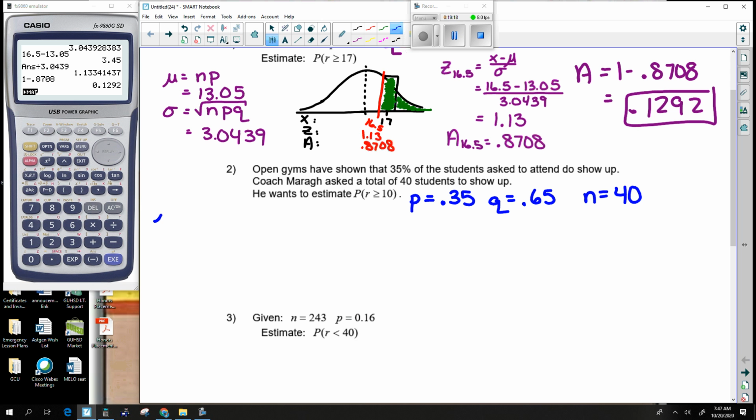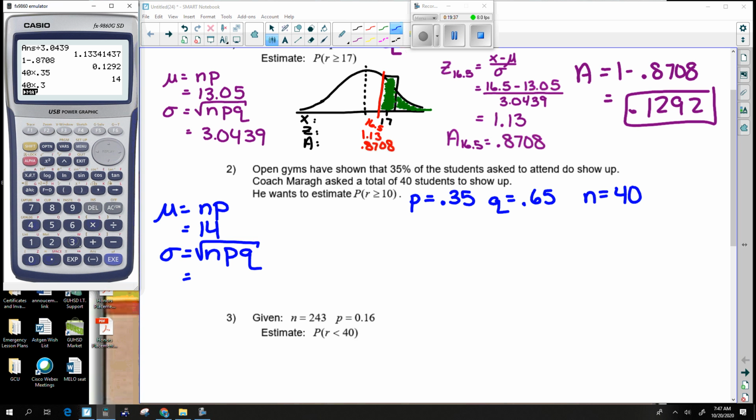So what I'm going to do is develop my mu, which is n times p. So n times p is straight up 14. Sigma is n times p times q, square rooted. So n times p times q square rooted.